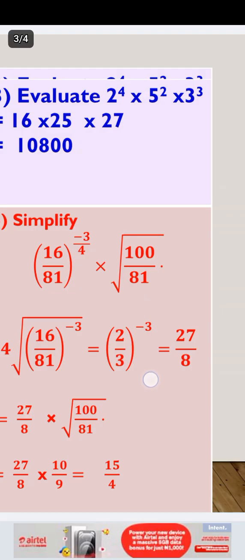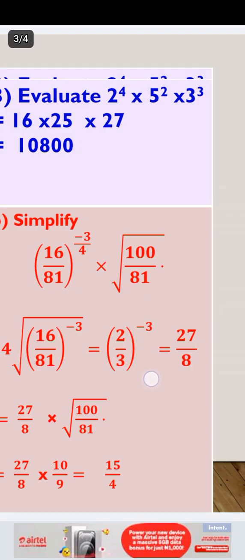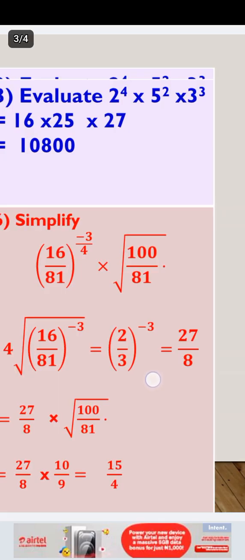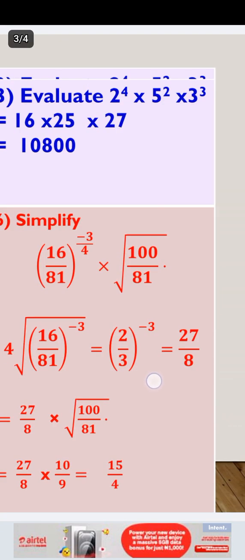And this one, we are going to use the law of negative indices. That says, in negative indices, we take the reciprocal. And the reciprocal in this case is equals to 3 over what? 2. And 3 over 2 raised to power 3 is 27 over 8.